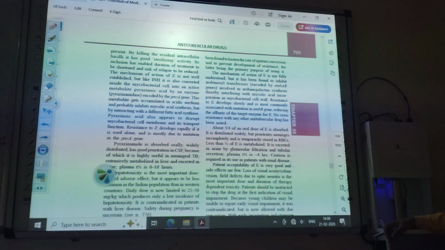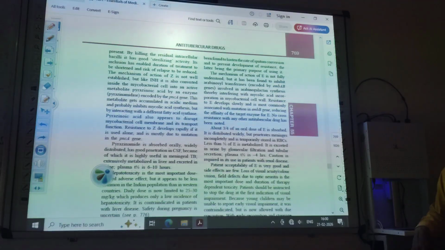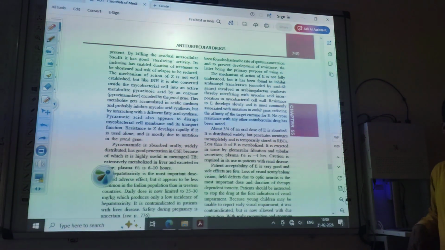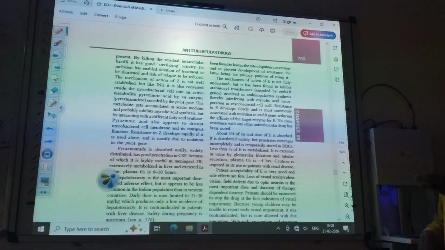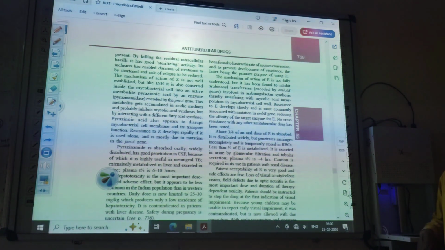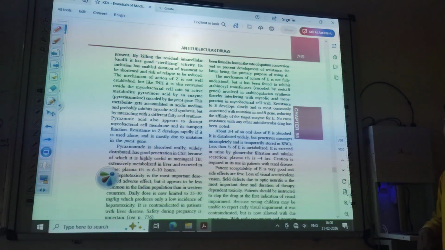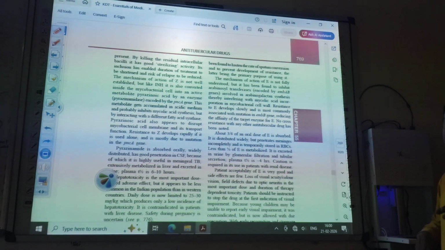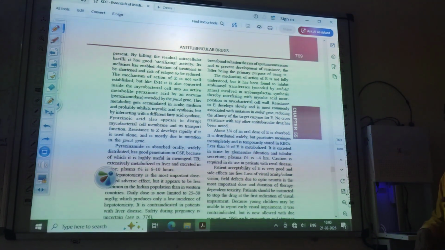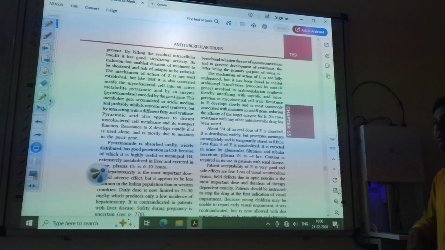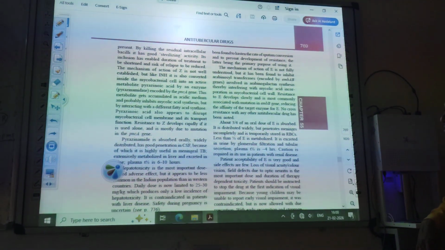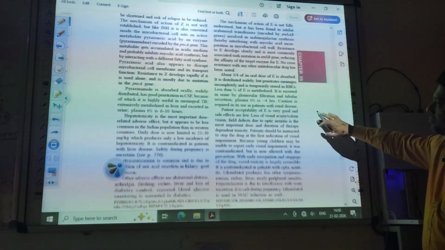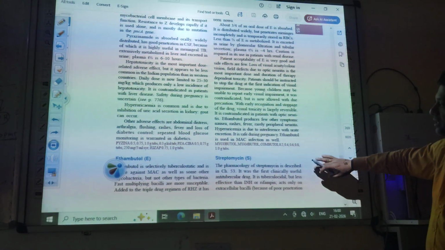You do not have to mention the mechanism of action. You only have to write something about the drugs: whether it is bacteriostatic or bactericidal, and whether it is a first line or second line drug. These things have to be mentioned. If you mention the mechanism, do so in a very short form. Mechanism is not required in this case.